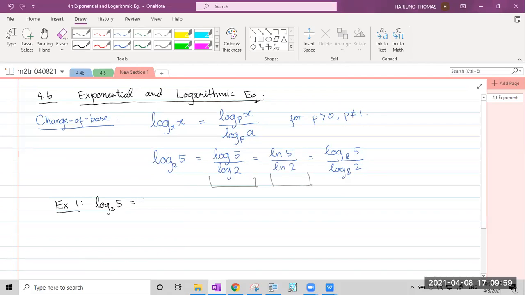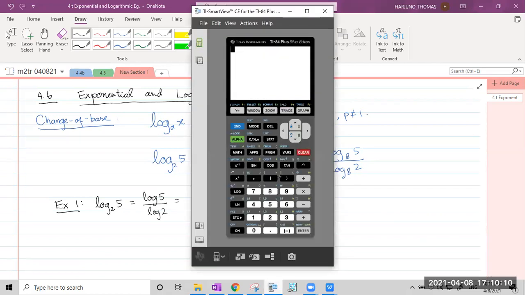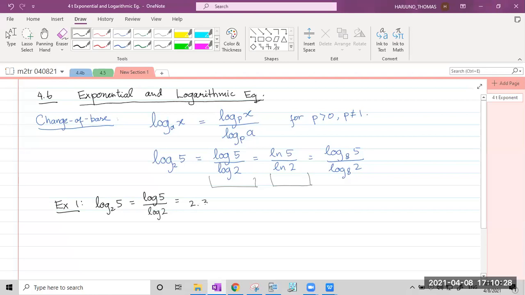You need to rewrite it into either base 10 or base E first, and then use your calculator: log 5 divided by log 2 is 2.32193, rounded to 5 decimal places.